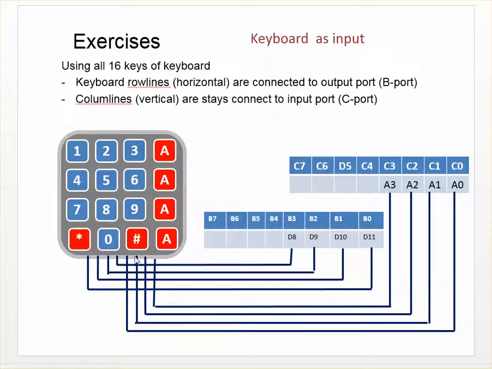Then these horizontal lines: earlier only one horizontal line was used and that was grounded, but now we will connect these horizontal wires to our P port. And here are these P port indexes and the nano circuit board layout indexes.